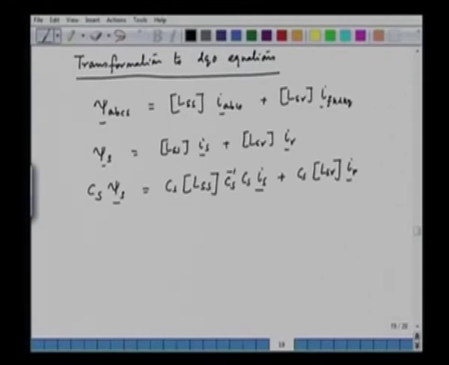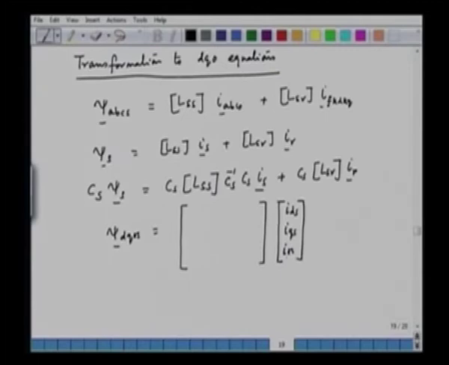Now, what is CS into psi S? This ABC will transform into the DQ, so we can say here this is DQOS, and then this matrix after transformation will have the following values. When we transform CS into IS, that will be IDS, IQS and IOS.